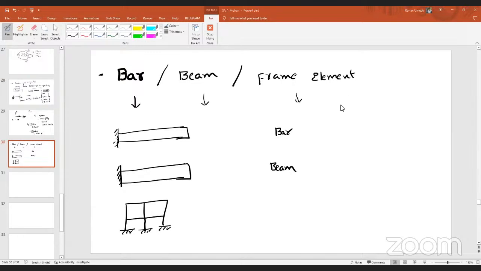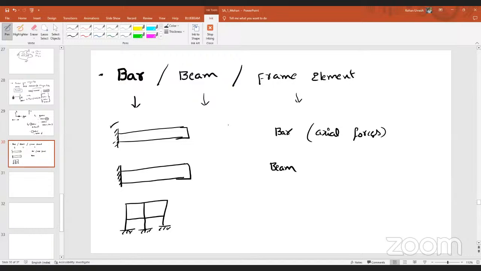Okay. First of all, tell me, how do we classify a bar problem? The axial, or axial. Axial, right? So if it is a bar problem, these will resist only axial forces, right? It doesn't matter what their orientation is. They can be in a horizontal direction, a vertical direction, or any inclined direction.